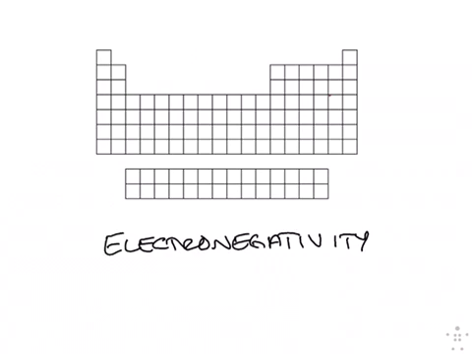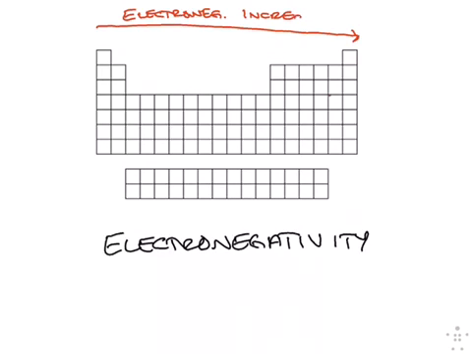Here's the trend. Electronegativity, just like the other two I just talked about, increases. Why? Stronger Coulombic attraction over here. Okay? Things that have strong Coulombic attractions are able to attract electrons fairly easily. So if you were sharing electrons with another atom, they'd be pulling the electrons closer over towards itself.